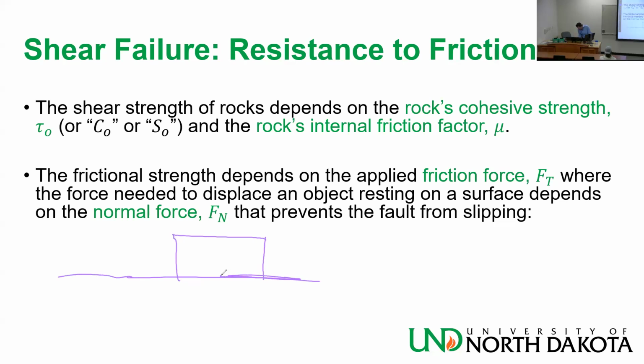I'm applying force Ft, and I have a normal force Fn, that is basically the weight of the object. And basically, the force Ft to make it move is basically mu times Fn, right? I have to make it move against friction. I'm working against friction, and the weight of the material is basically preventing it from moving.